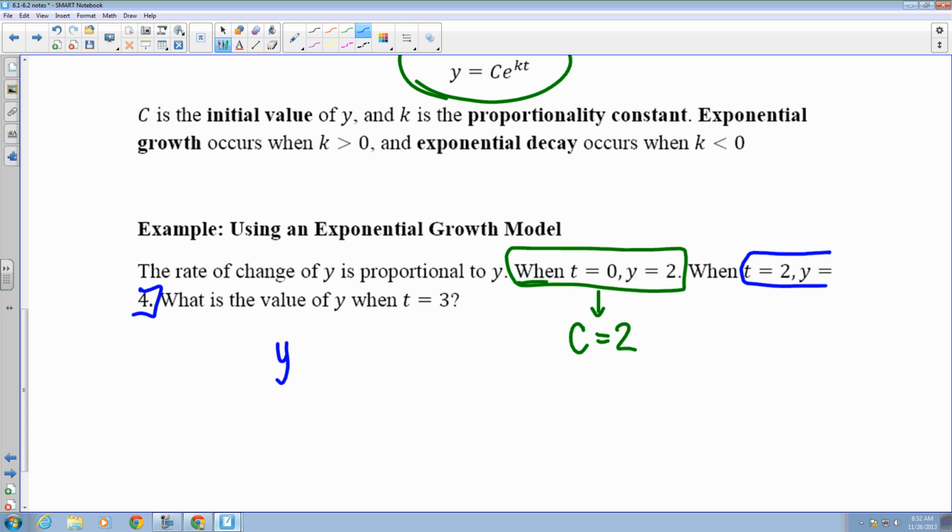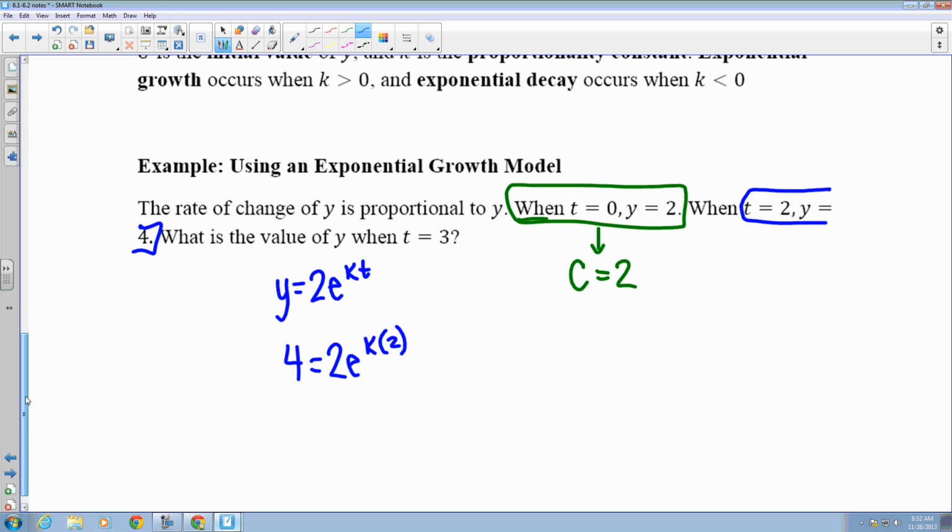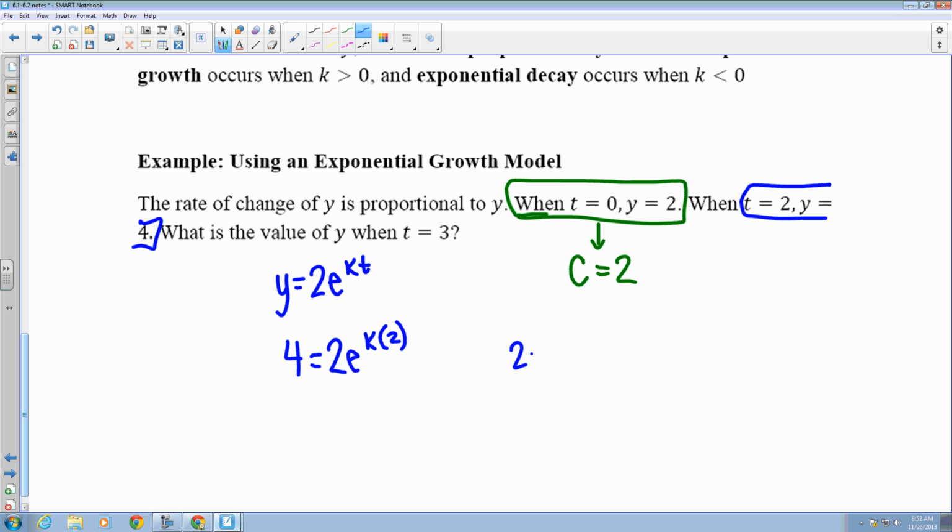So if we have y equals 2e^(kt), we're going to put in 4 for y and 2 for t, and then we're going to solve for k. So we're going to divide. We're going to have to take the natural log of both sides to get rid of the e. So k is the natural log of 2 over 2, which is approximately 0.3466.